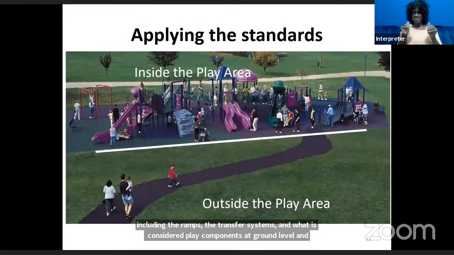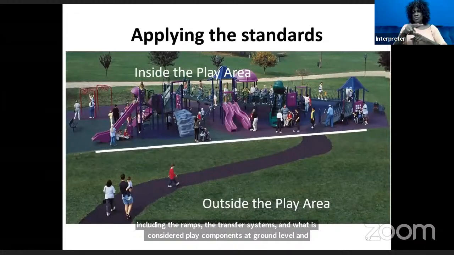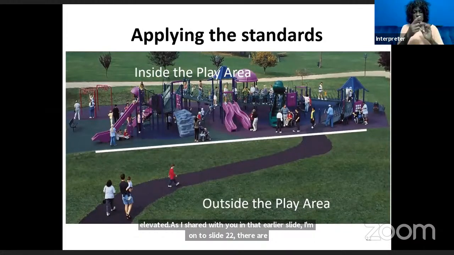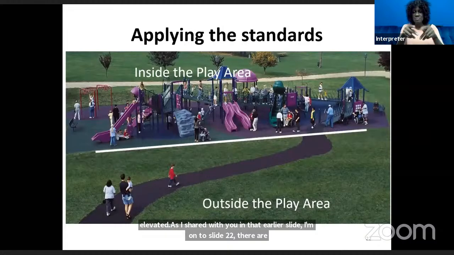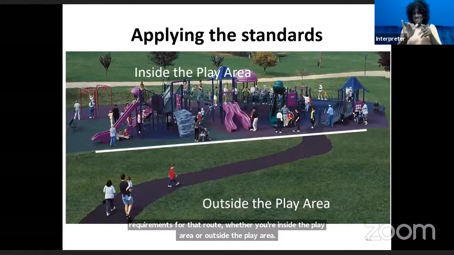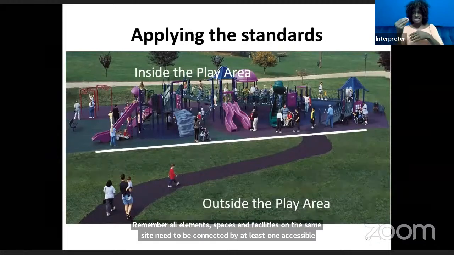As I shared with you in that earlier slide, I'm on to slide number 22. There are requirements for that route, whether you're inside the play area or outside the play area. Remember, all elements, spaces, and facilities on the same site need to be connected by at least one accessible route. So if this was outside the play area, we'd be looking at not providing a slope greater than 5% or 1 in 20.